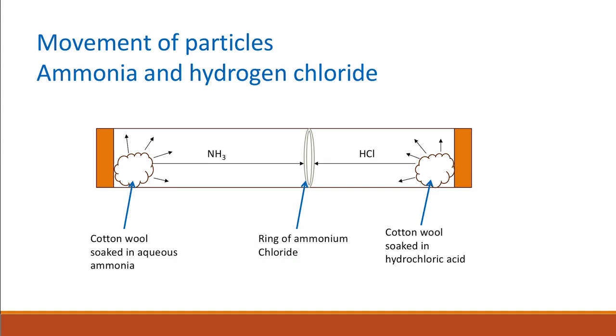The ring is not at the center because the ammonia is smaller in size than hydrogen chloride, and it diffuses more quickly through air, so it moves faster and a longer distance.